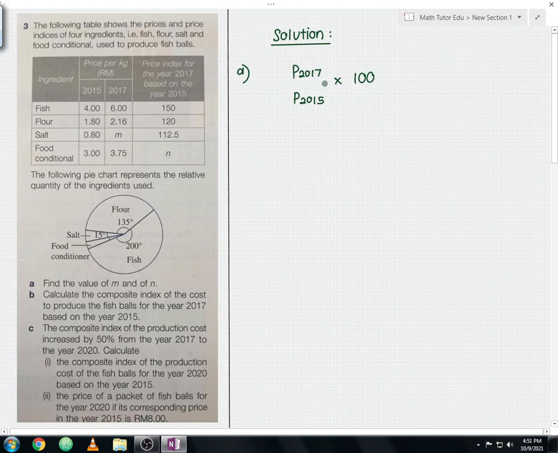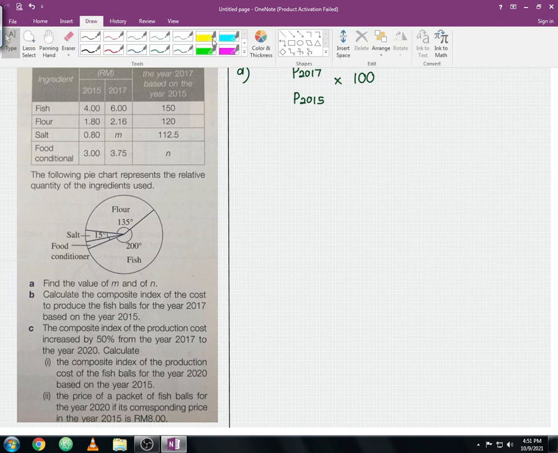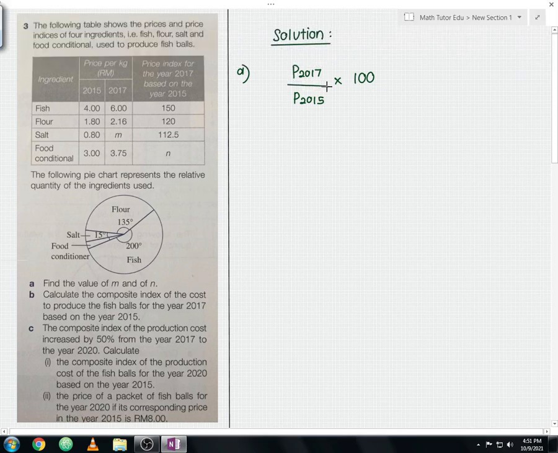Let me underline the fraction and box the formula. So this is the formula that we are going to use to solve M and N.